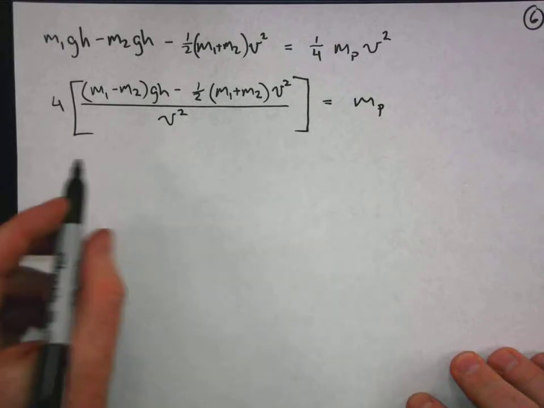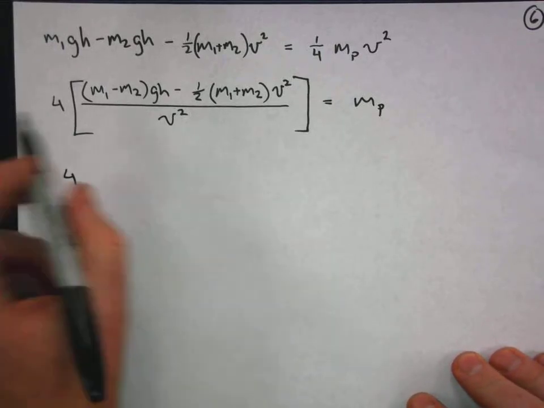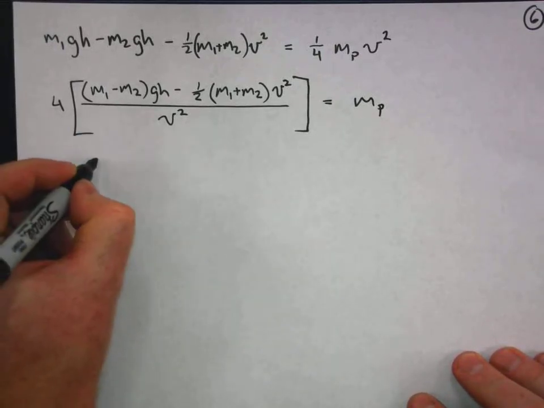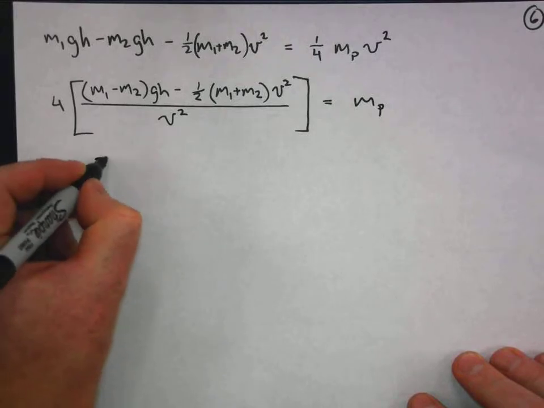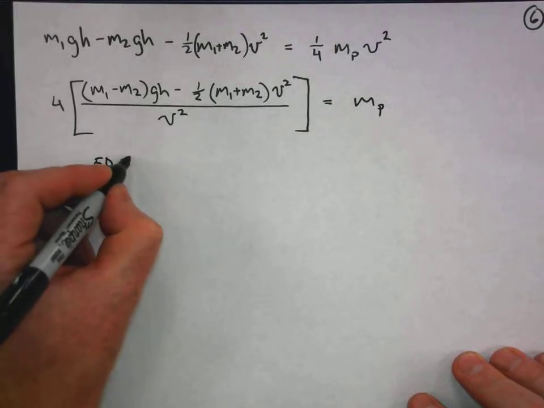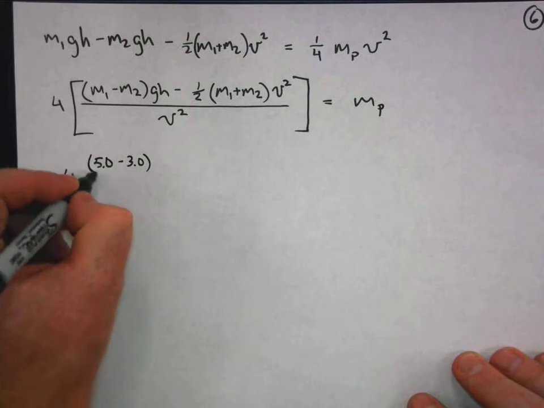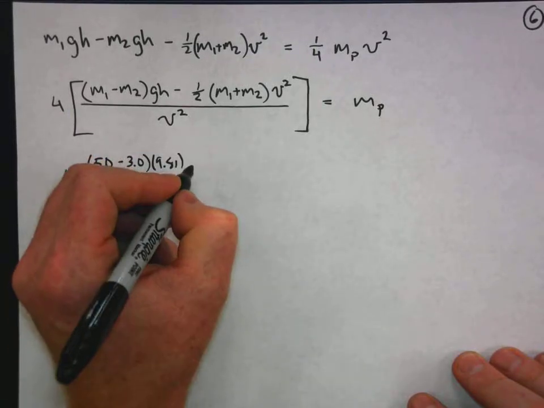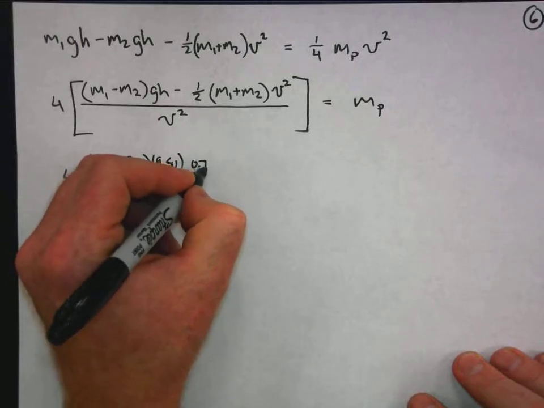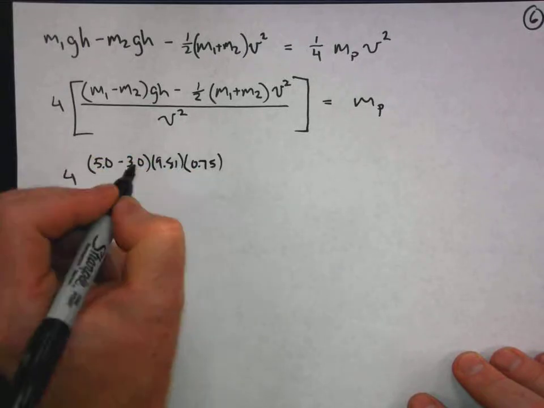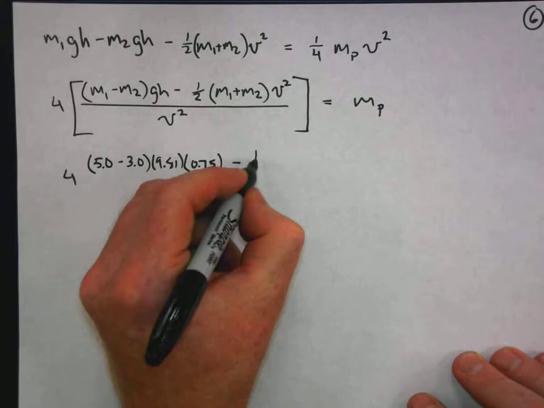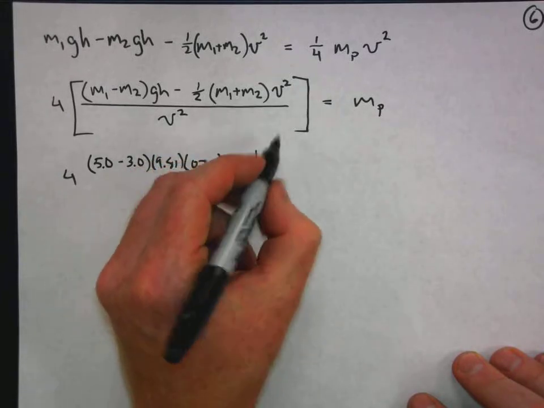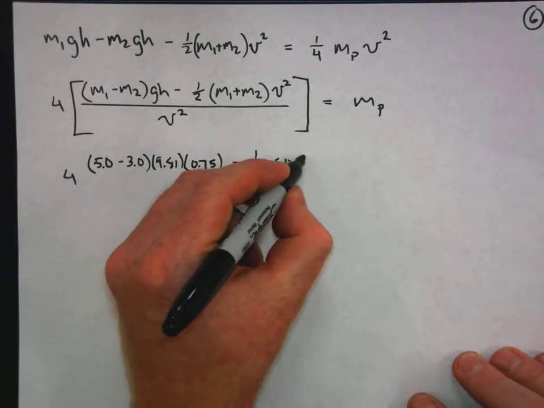I can work with that. So I'm going to substitute some numbers in. M1 is 5 kilograms, 5.0. M2 is 3 kilograms. G is 9.81. H was 0.75 meters. M1 plus M2, so 5.0 plus 3.0.